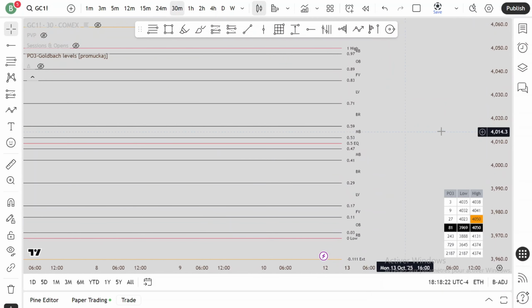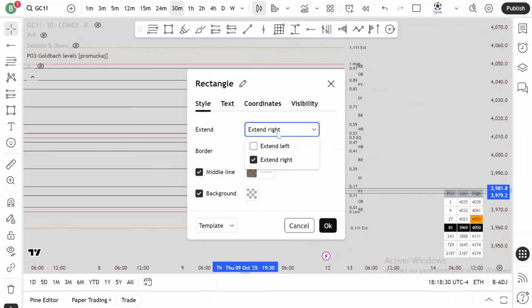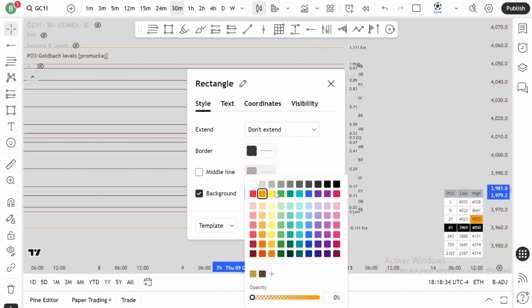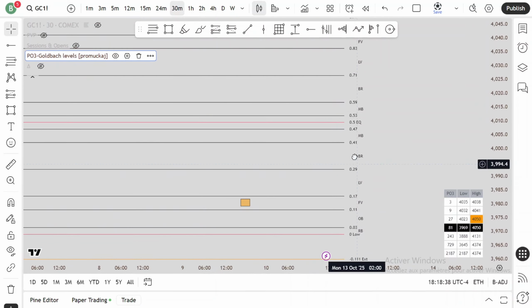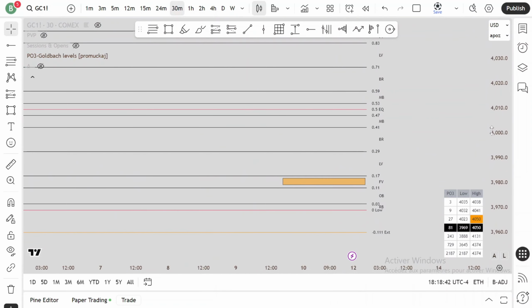The theory is this. In Goldback, if a fair value gap prints into the FV partition, then it should hold.